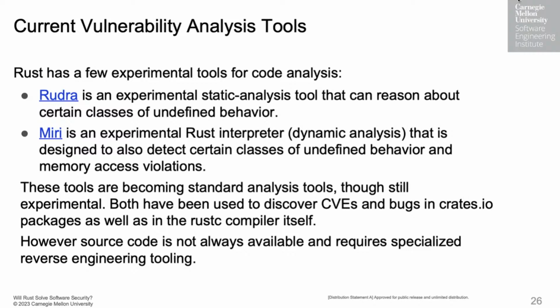One other thing you can do with Rust is try to reverse engineer Rust code using Ghidra or some other decompilation mechanism. I will say that these tools are also in an embryonic state.